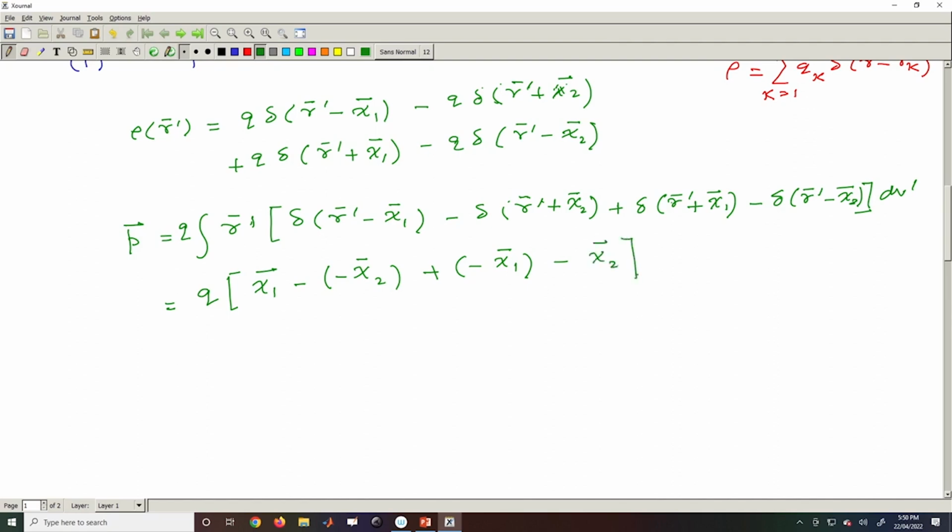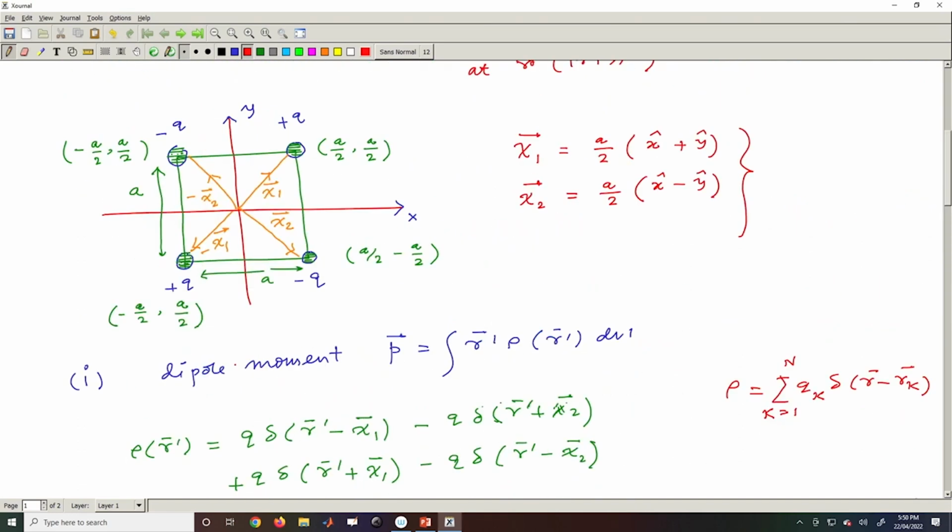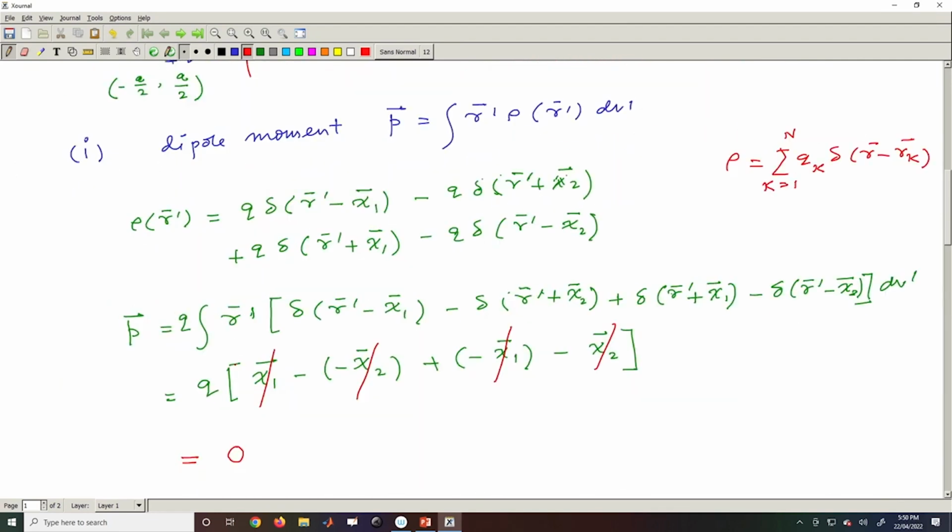So, here you can see that chi 1 and this chi 1 will cancel out, and plus chi 2 and minus chi 2 will cancel out. So, eventually what I am getting is 0. So, the dipole moment is 0 for this system. After doing all this calculation, we find that the dipole moment is 0, fine.